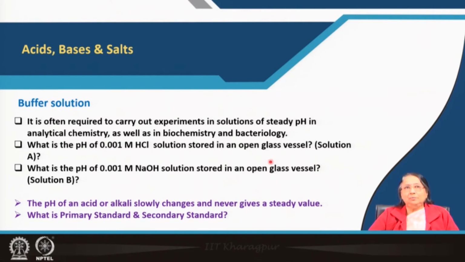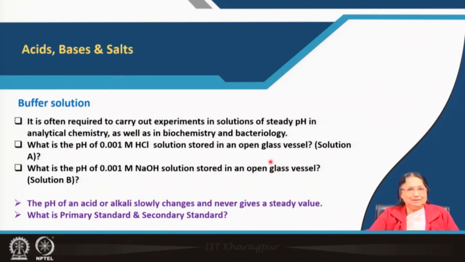So, what do we know about primary standard and secondary standard? We know primary standard is something which we can weigh accurately, which is not hygroscopic, and also if we prepare the solution, we can keep it stored for a long period of time. That is primary standard.